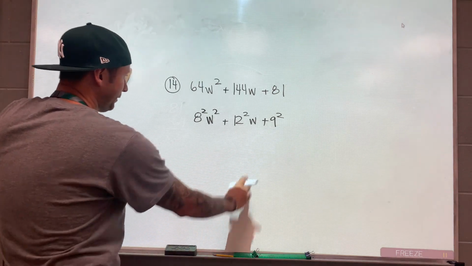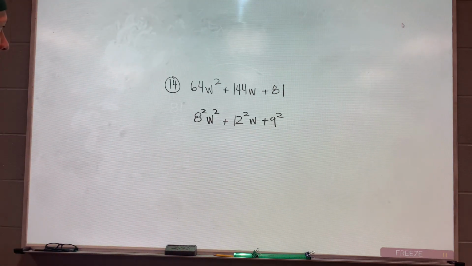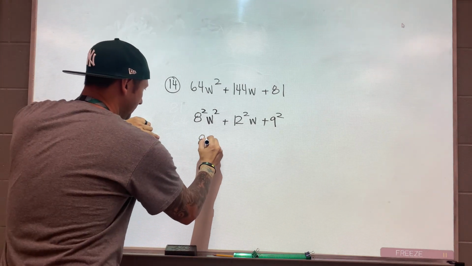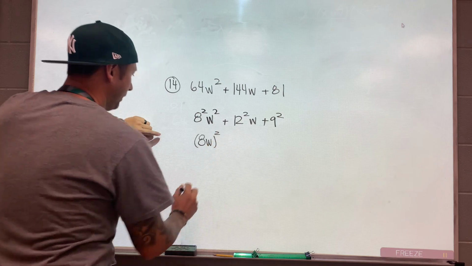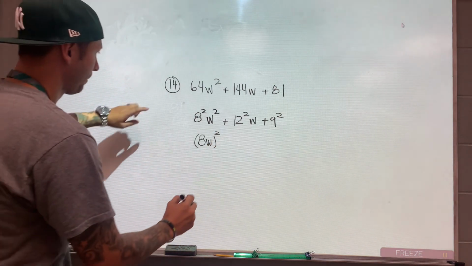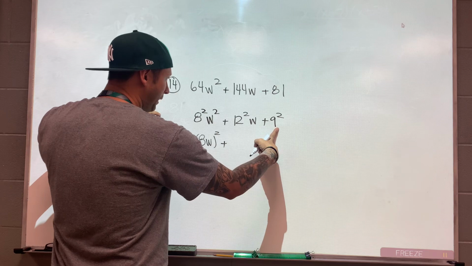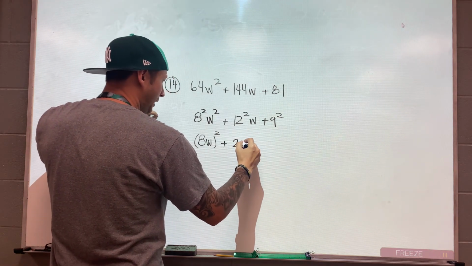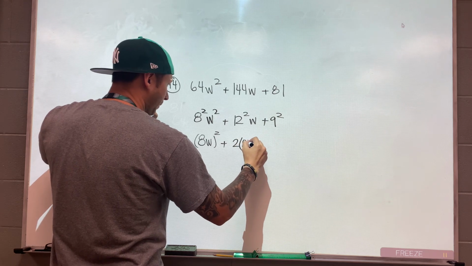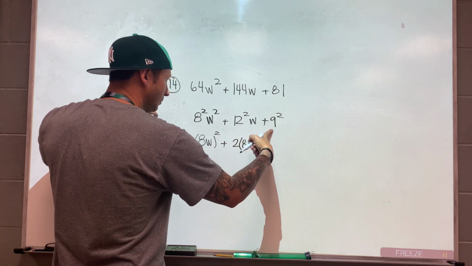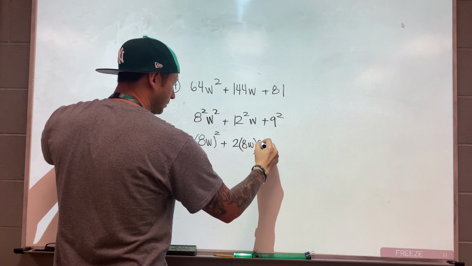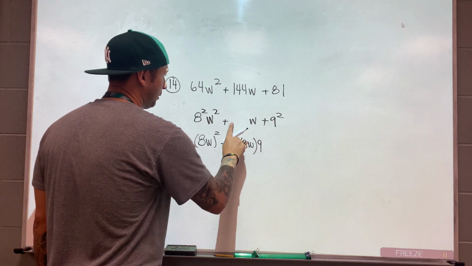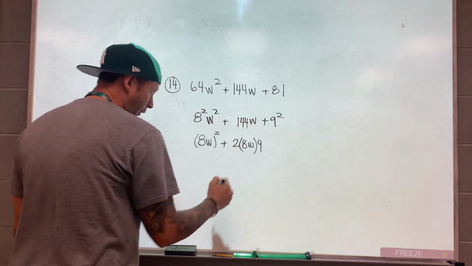They're both positive. So we can rewrite this as, that's my a value, my b value, so 2 times a times b. Actually, bring that back to 144. That 144 would be more useful.